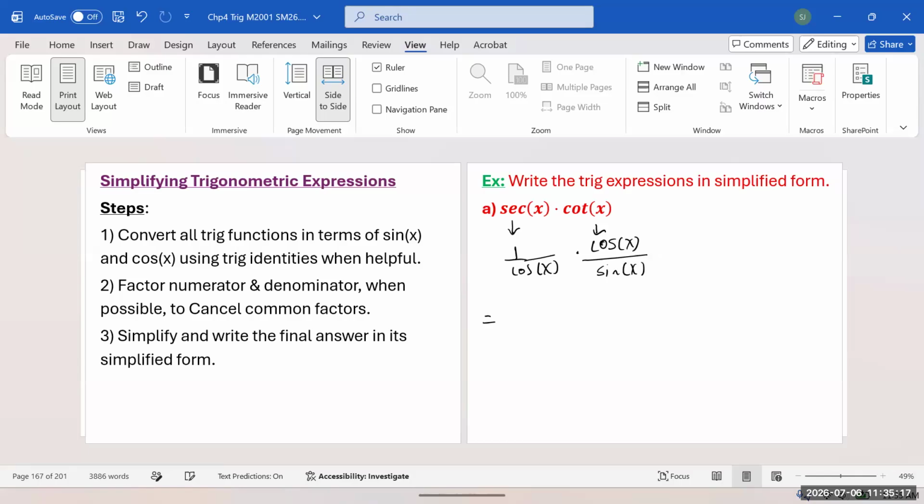And then what happens? We cancel the cosine. What is left? 1 over sine. And what is 1 over sine? Cosecant. And that's all we have to do. Convert, cancel, rewrite, apply identities if possible. Otherwise, leave it alone.